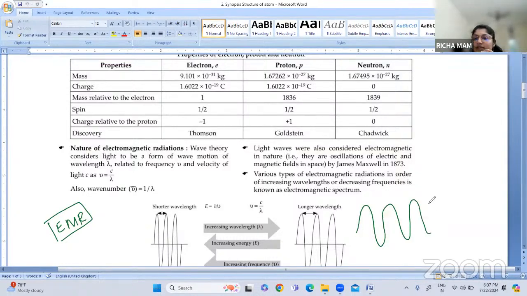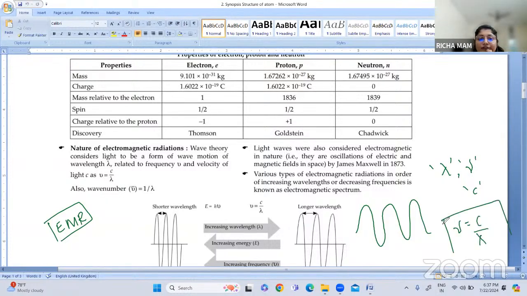So we consider that light is a form of wave, and it is represented by wavelength lambda, the frequency is given as mu, and the velocity of light is given as c. So remember this formula: mu is equal to c by lambda.